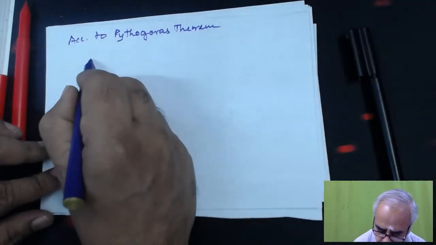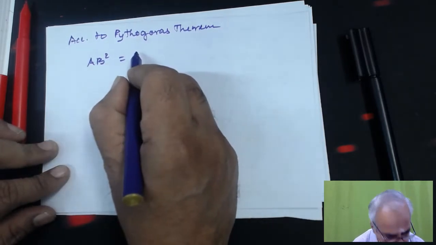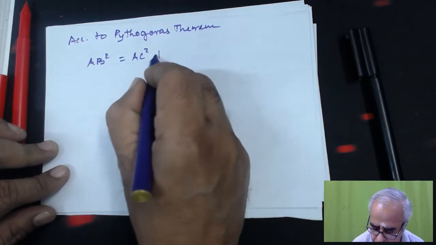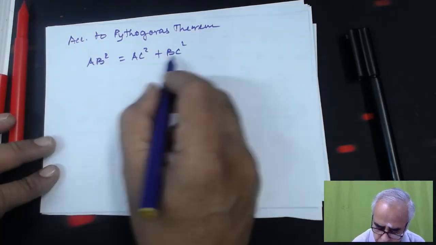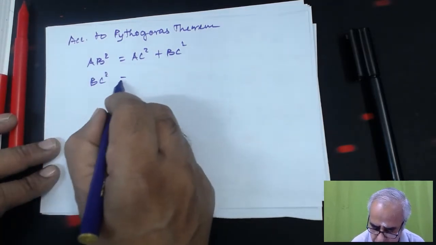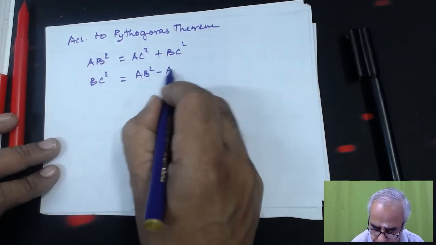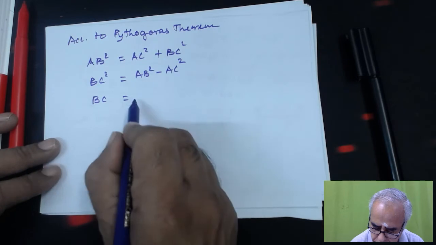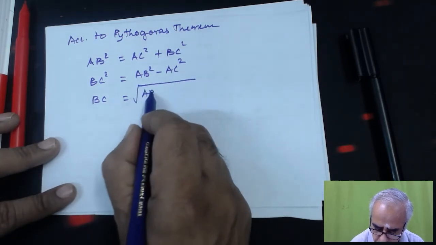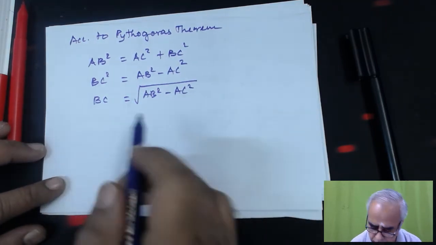So hypotenuse is AB squared. We want to know what BC is. So BC squared is equal to AB squared minus AC squared, bringing AC squared to this side. And taking square root on both sides, BC is equal to the square root of AB squared minus AC squared.